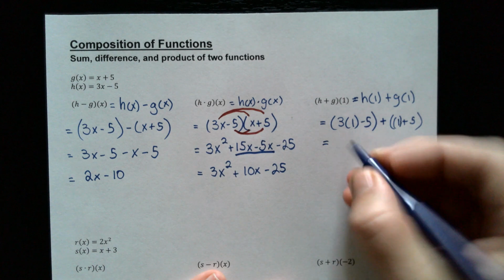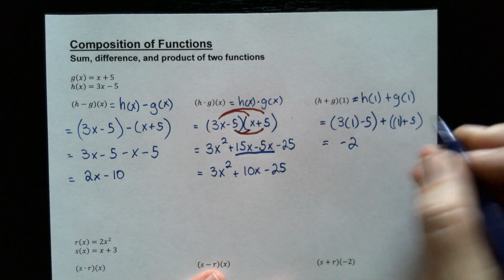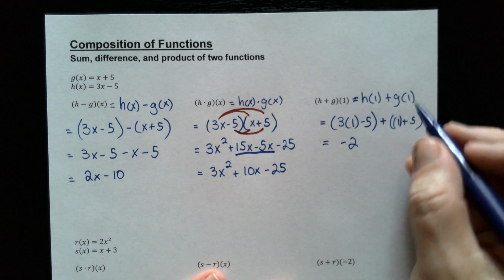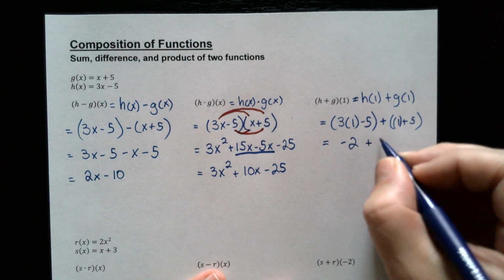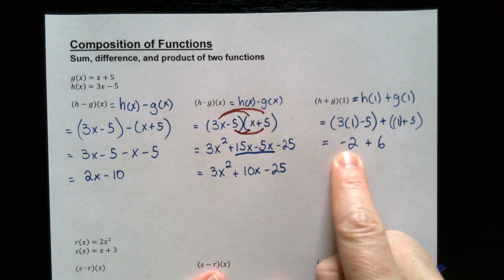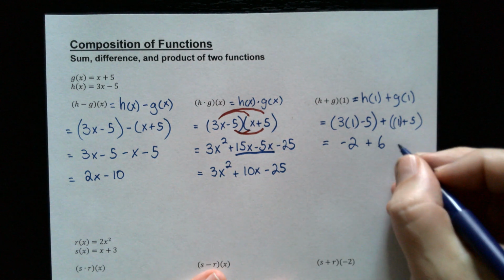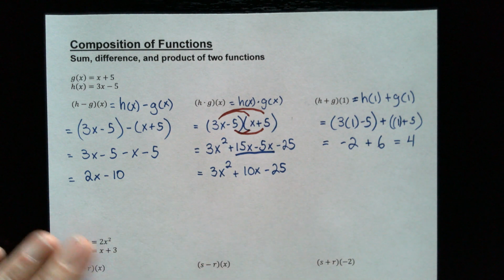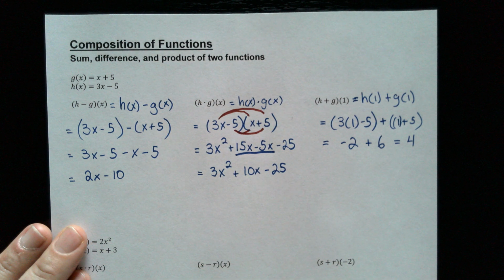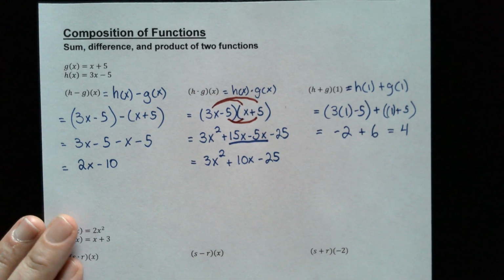So 3 minus 5 is negative 2. So that's h of 1. It's negative 2. G of 1, let's see, 1 plus 5 is 6. So h of 1 is negative 2 and g of 1 is 6. If we add those two together, we get 4. So h plus g of 1 is equal to 4.